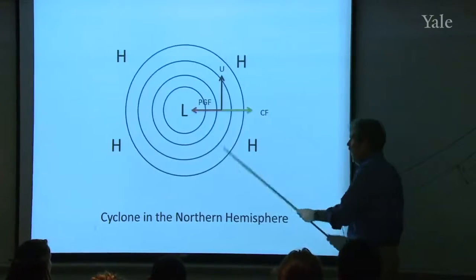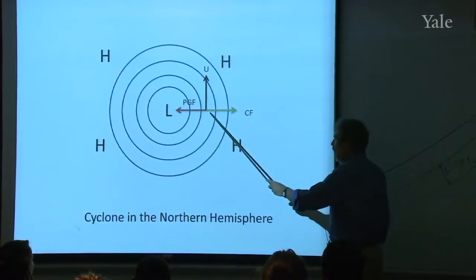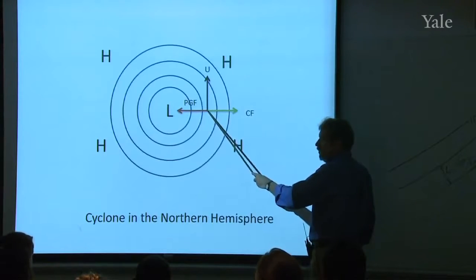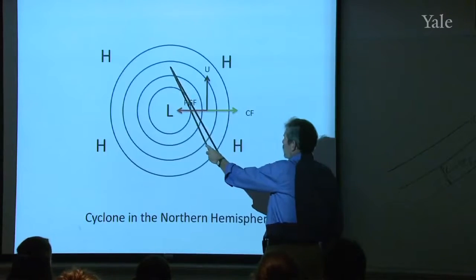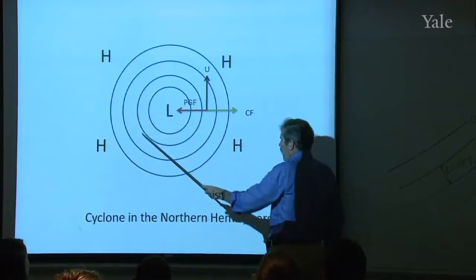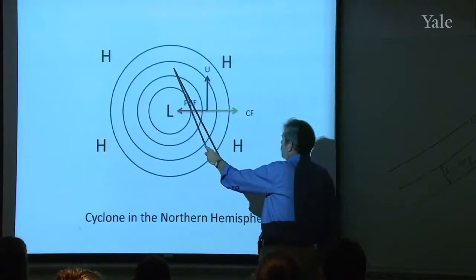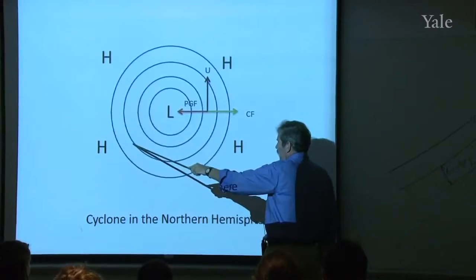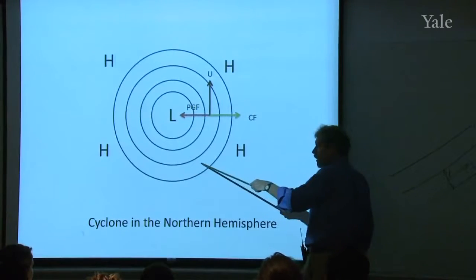So I conclude by that reasoning that the air must be moving northwards, or I could say it's a southerly wind at that location. If I repeated the calculation there and there and there, here I would find that the wind must be blowing in that direction. Here I would find it must be blowing in that direction. Here in that direction.